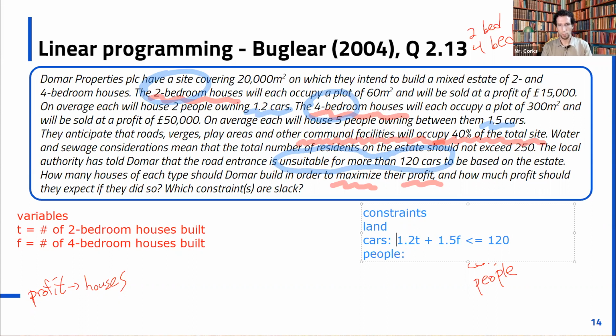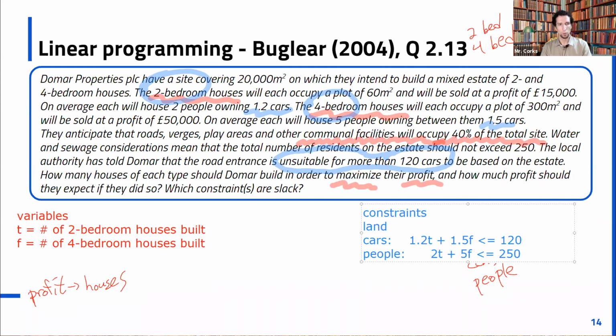Okay, next one, people. We have a people constraint. 2T plus 5F is less than or equal to 250.